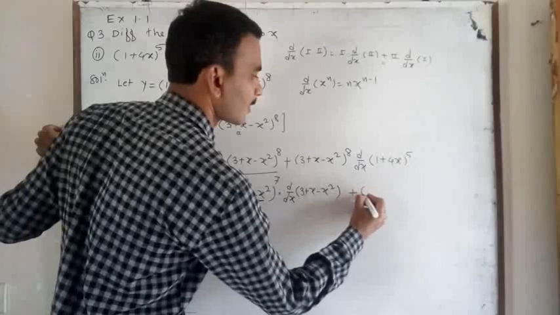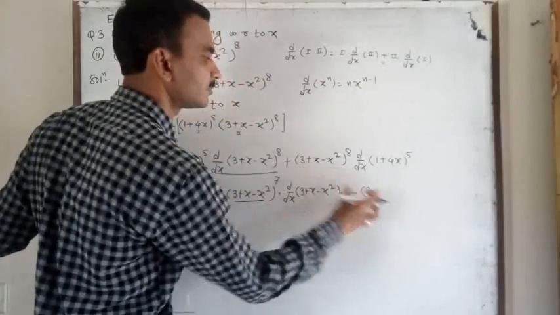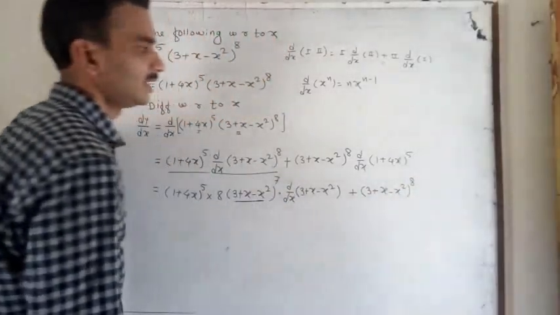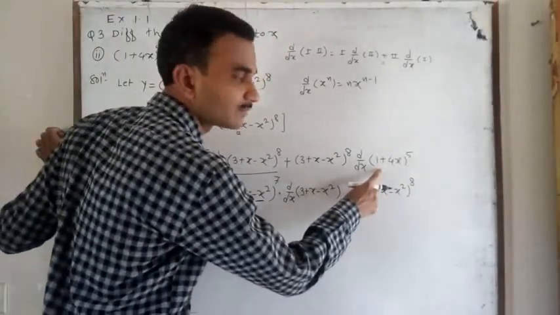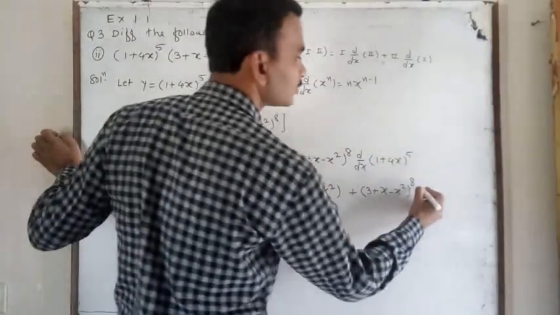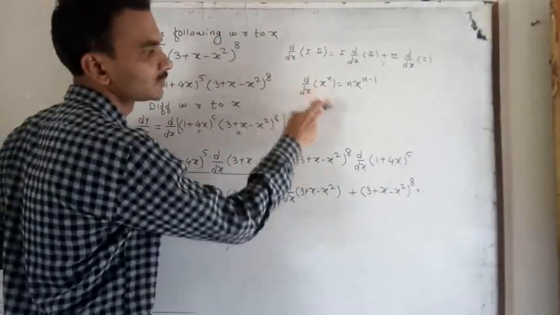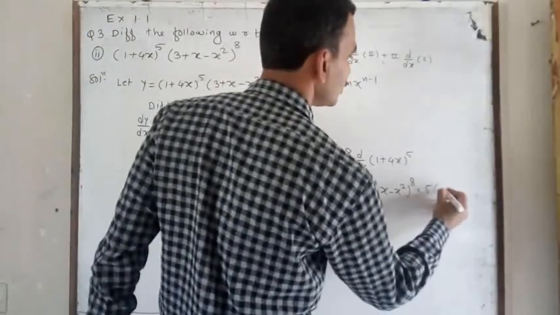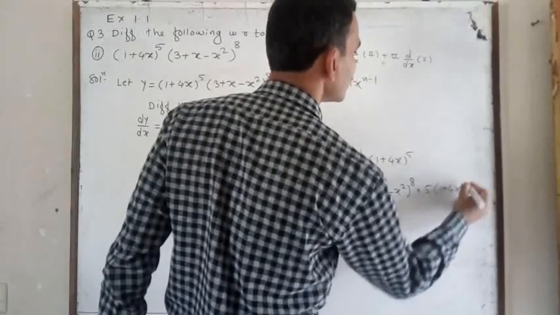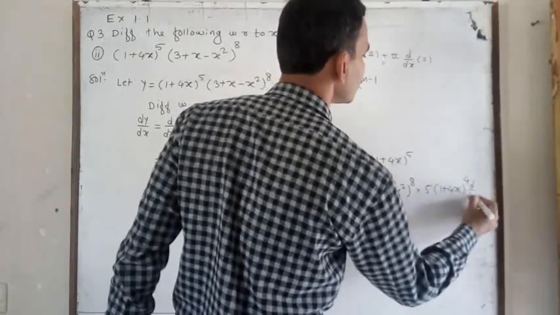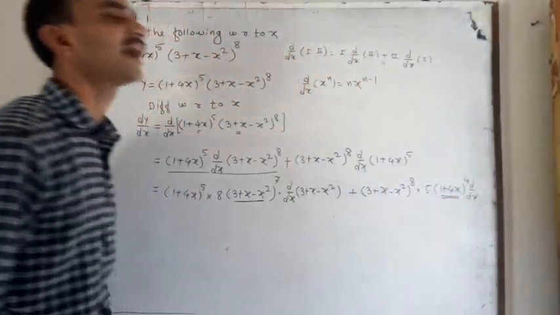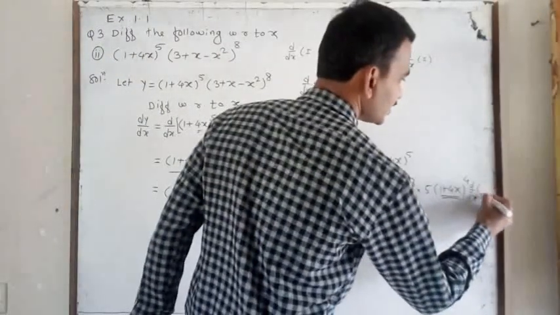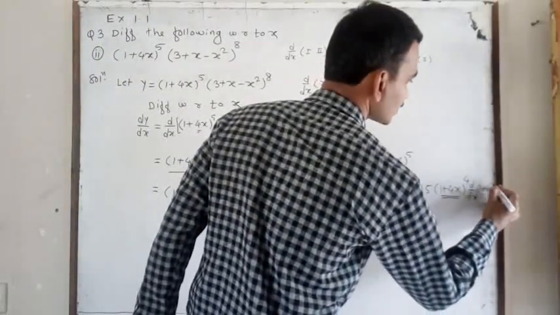After that, we write the second term as it is, raised to the power 8, and after that we differentiate the function 1 plus 4x raised to the power 5. Same here, we apply the same formula, x raised to the power n. So 5 into 1 plus 4x raised to the power 4 and d/dx of, because this term is in terms of x, we differentiate this term with respect to x, 4x.